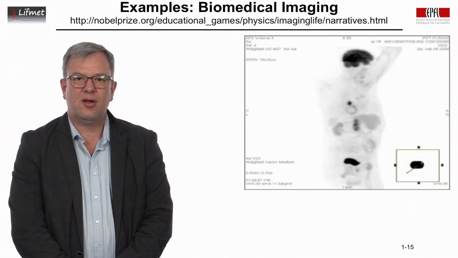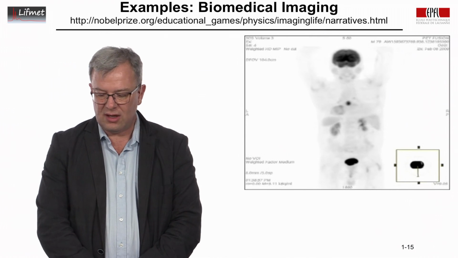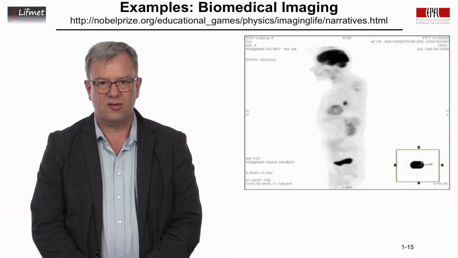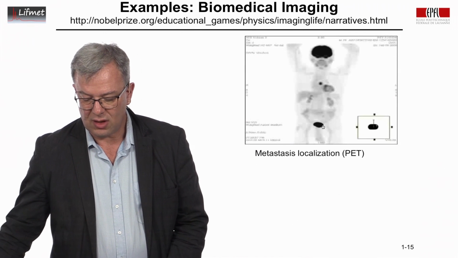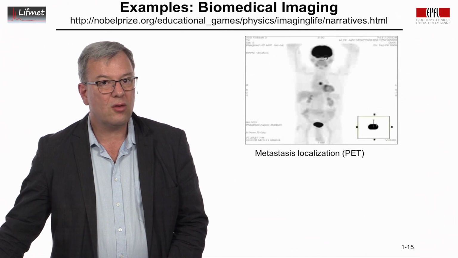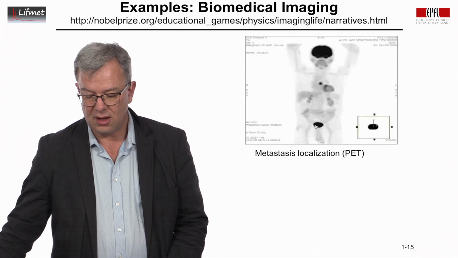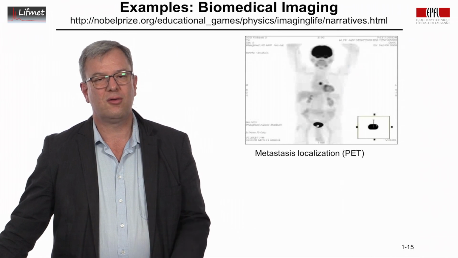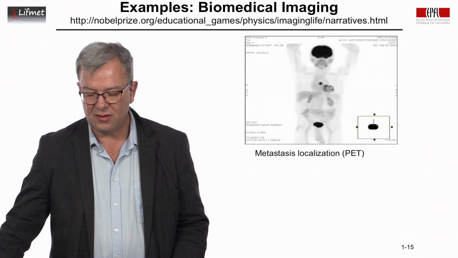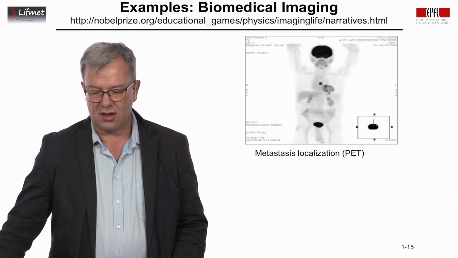Here's another example of a very often used technique, that's positron emission tomography, and it illustrates its major use in imaging. You can see here this is glucose. You see the brain takes up a lot of glucose. We use glucose to think. We have also here in the bladder glucose for obvious reasons. The glucose that's injected ends up in the bladder, and this part here in the center is the heart.